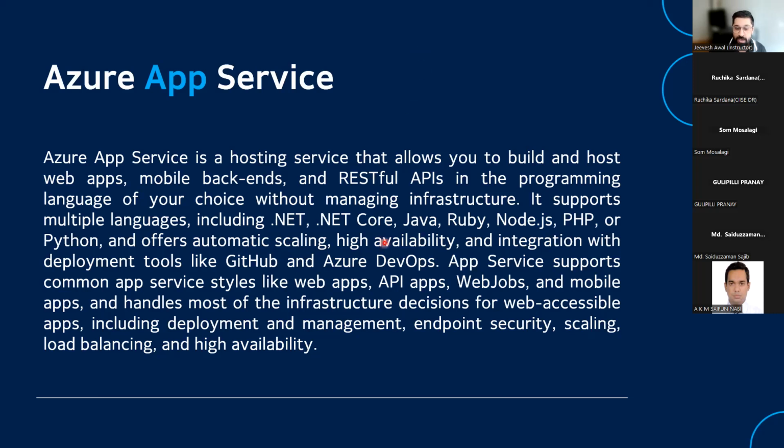Now, this is where we are talking about PaaS. Please understand this. When we talk about IaaS, we need to do everything on our own. We need to choose the operating system. We install the platform, that is, one of these programming languages. Let's say you are creating a website and it is running on .NET or Java or Node.js or PHP.